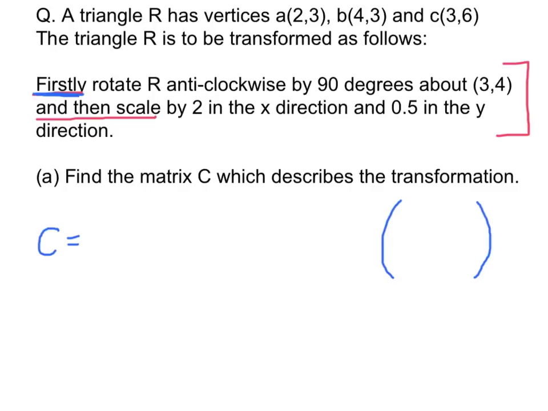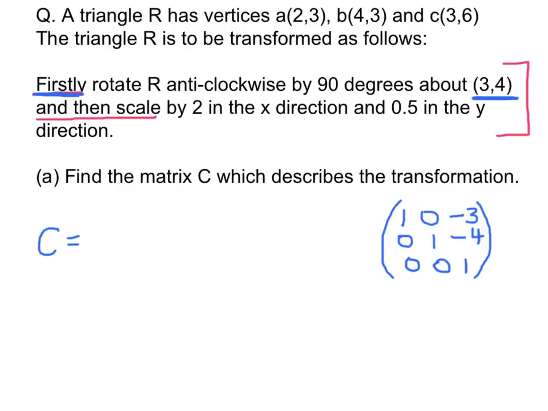Now recall to do that, what did we have to do? We firstly had to write the translation matrix to move 3, 4 to 0, 0. So the translation matrix is 1, 0, and I had to move 3 to 0, so I subtract 3, 0, 1. I had to move 4 to 0, so I subtract 4, and then I have 0, 0, 1.